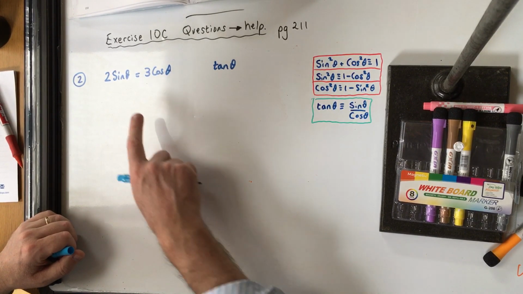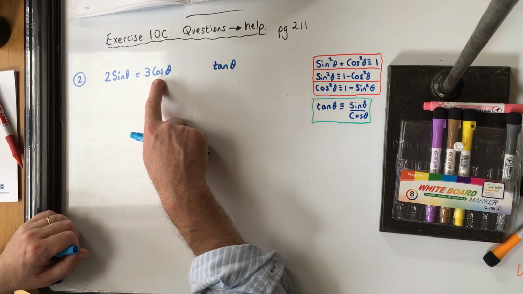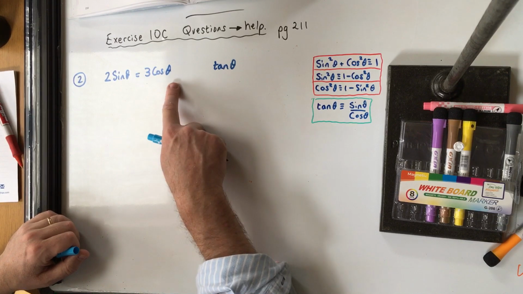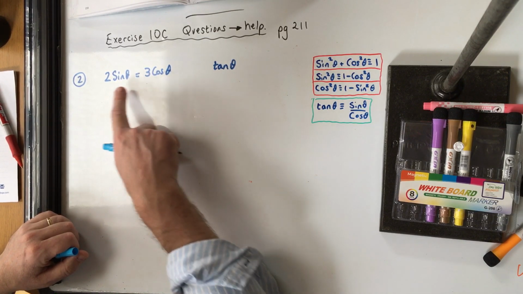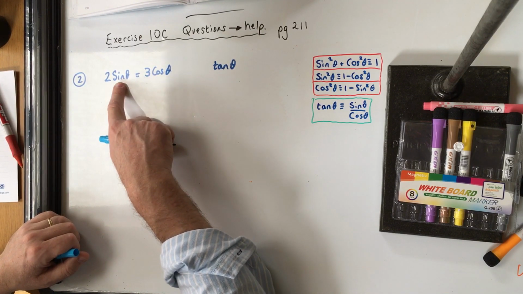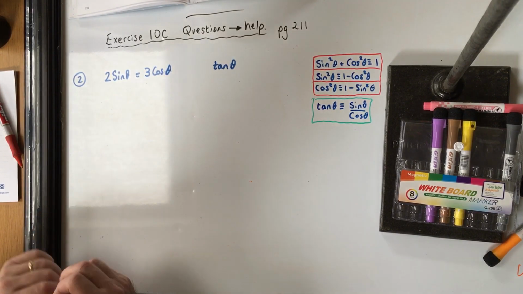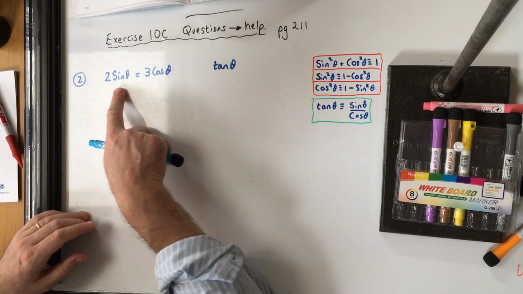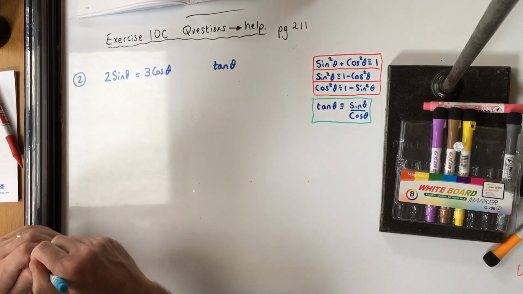Whenever you've got mixtures of sines and coses, you can divide through by cos, because the cos goes, and whenever you do sine divided by cos, you get tan. You don't want to divide through by sine, because your sine will go, but then you'd have cos over sine, which is 1 over tan, which you don't want.